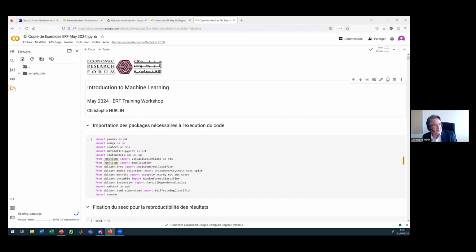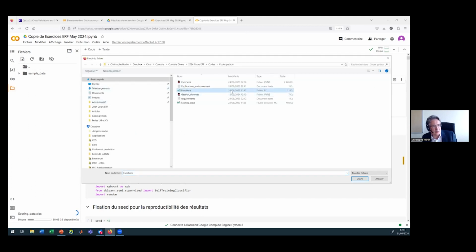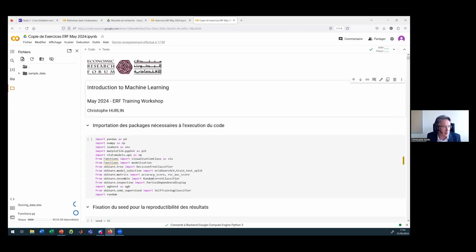And then I will also upload a second file, which is a Py file in which I have some code to run. This code is called function. Okay, I will explain it to you. As you can see here, function.py is now uploaded.